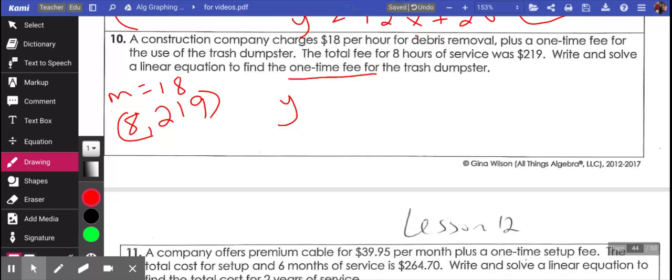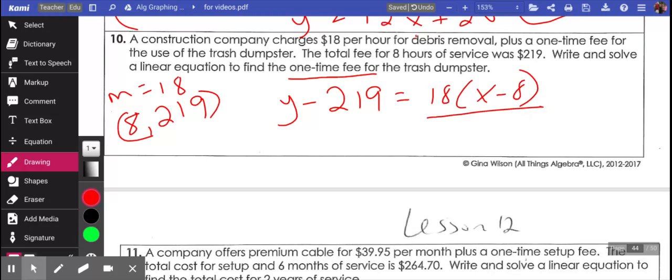Okay, so we got y minus 219 equals your slope times x minus 8. And then you know you're going to distribute here, and then we're going to add 219. So I'm going to go ahead and show that we have 18x plus 75.